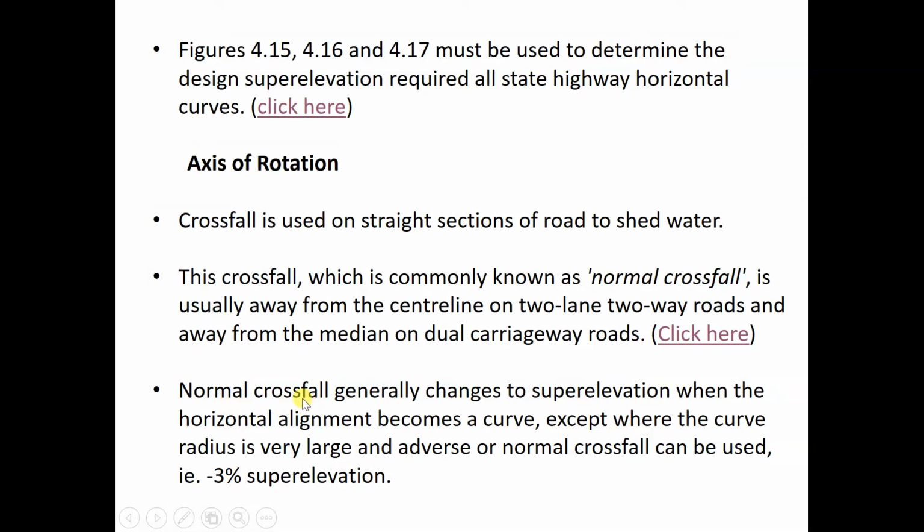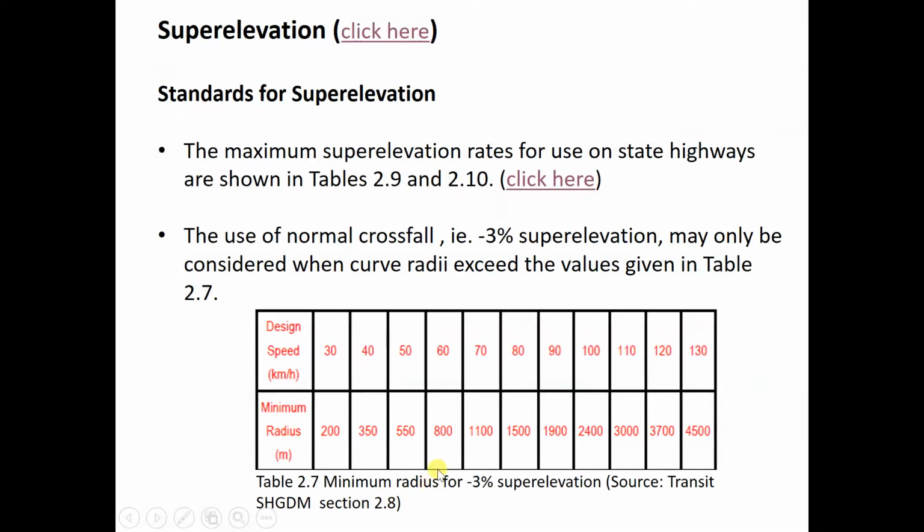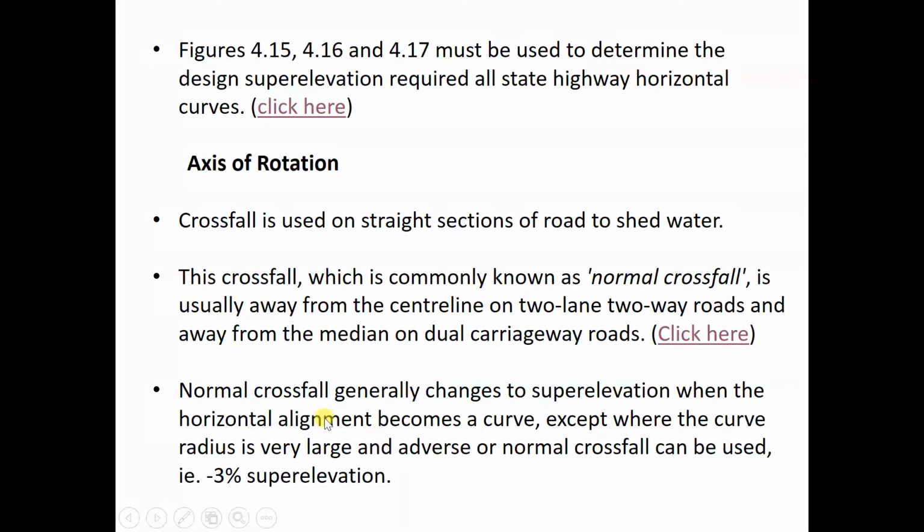So when the radius is not big enough, we need to provide a super elevation. When the radius is big, exceeding the minimum radius from this table here, then we don't need to provide the super elevation. Then there's no super elevation happening.